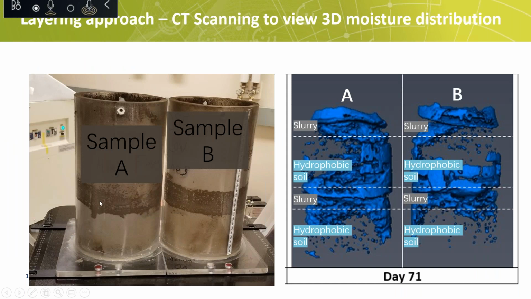Could we interbed these hydrophobic soils with a slurry, and would the moisture from the slurry then overcome the hydrophobicity or distribute through the hydrophobic soil? It did end up that there was some redistribution, but it wasn't complete. And so that was used for placement planning of these soils.